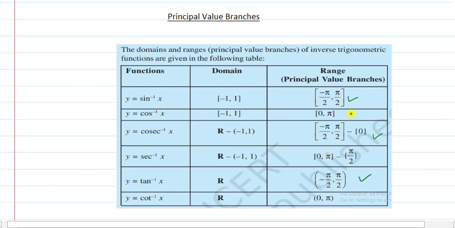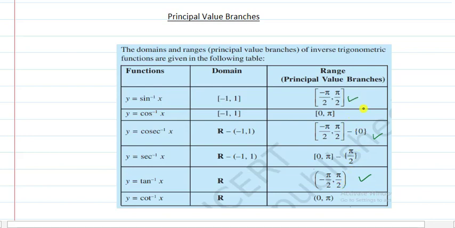Now let us take the third group: cos inverse x, then sec inverse x and cot inverse x all together. For cos inverse x, the principal value branch is the closed interval 0 to pi, and for cot inverse x, the same branch with an open interval, and for sec inverse x, the closed interval 0 to pi minus pi by 2, with the same reasons as I have explained for cosec inverse x and tan inverse x.